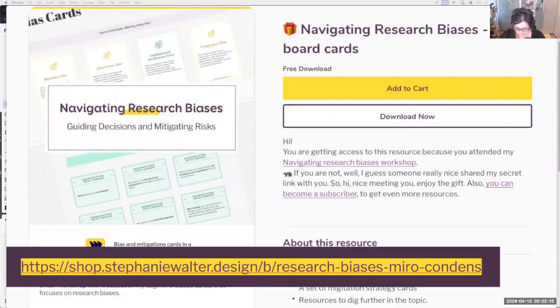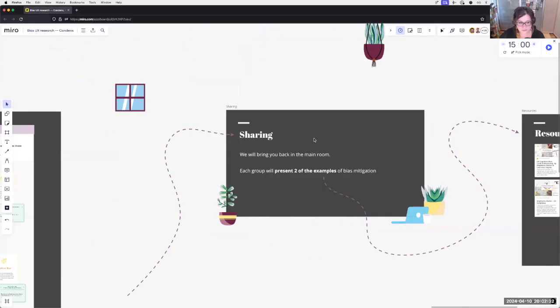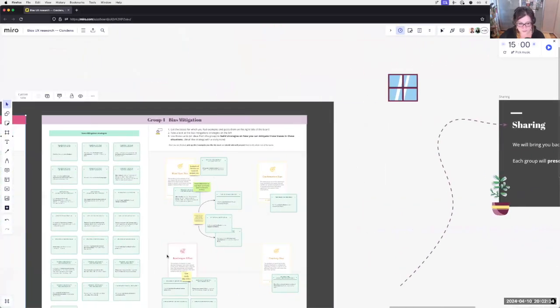If you want today's cards, I've put them as a private link, so it's not public. Since you participated in the workshop, you can download all of the little green cards, plus all the big cards that we used today, if you want to do this kind of exercise with colleagues to help raise awareness.